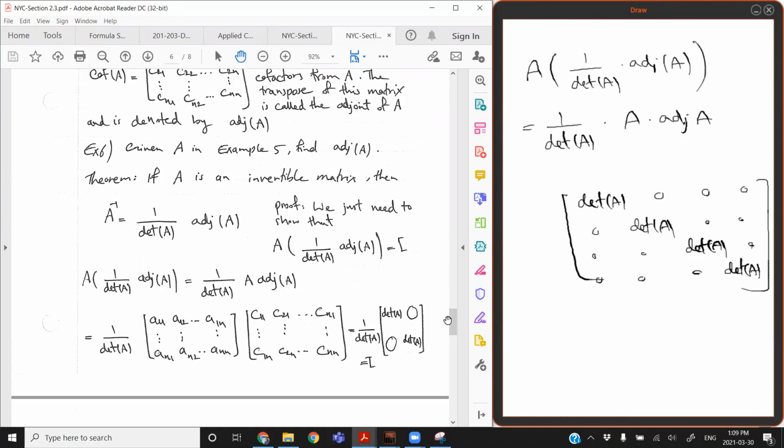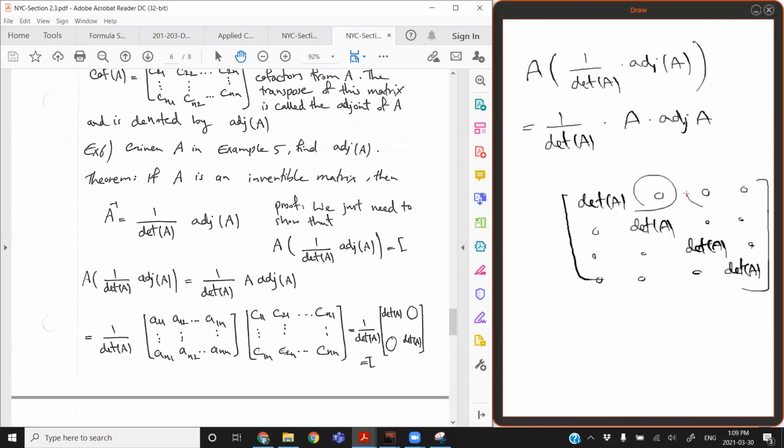And then off the main diagonal, I am multiplying entries from a certain row and corresponding cofactors from a different row. So for example, for this position, I am multiplying entries from the first row of A and the cofactors from the second row of A. That will give me 0.